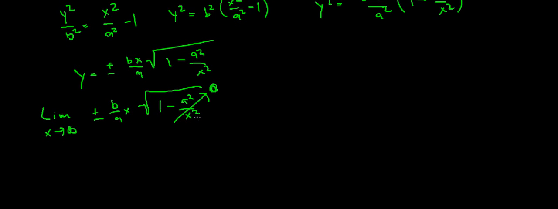It'll become closer and closer to the square root of 1. So that means, as x goes to infinity, this is going to approach plus or minus b over a, times x, and then I just write it like this.